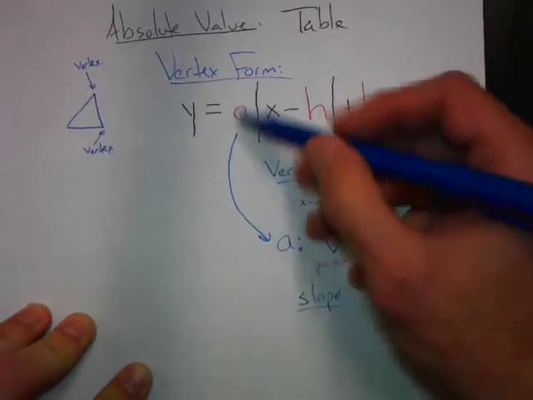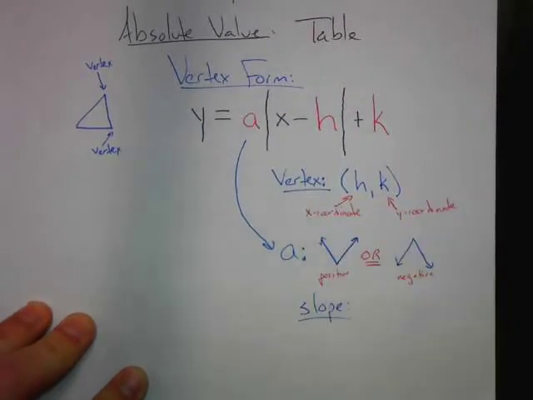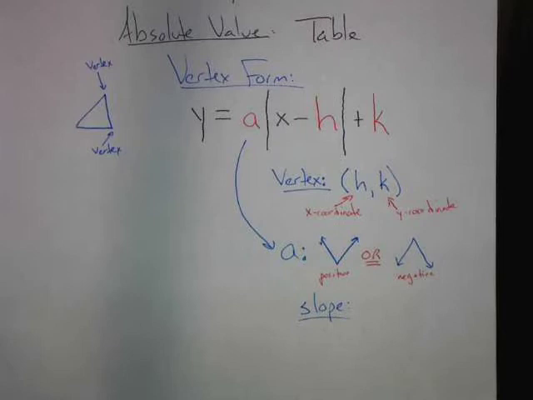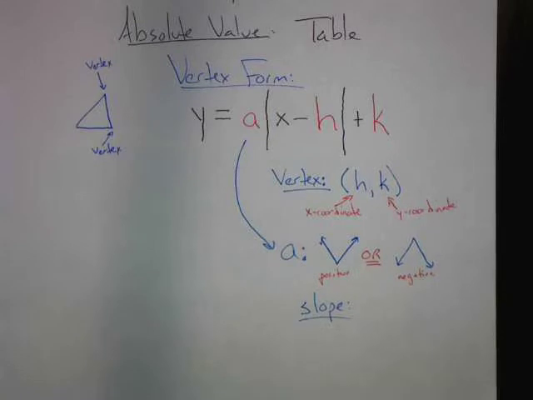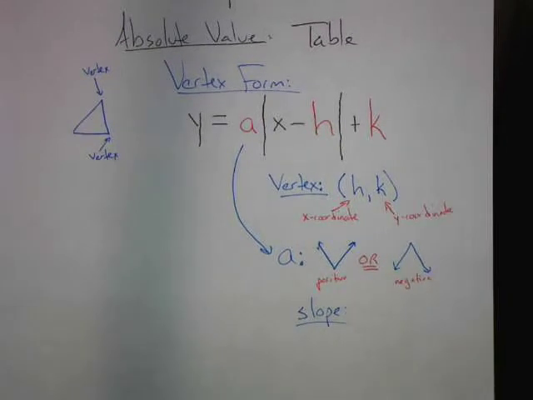So a gives us some information. h, k gives us some information as well. And so now what I'm going to do is take this information and apply it to our original equations. Actually, you know what? I'm going to apply it to the stuff we did yesterday. So take a look.